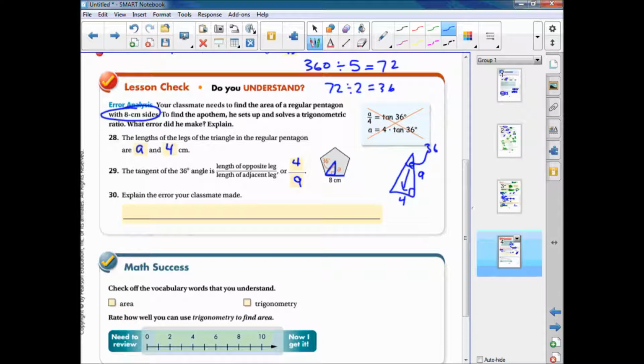Okay. Explain the error that your classmate made. So they said the tangent of 36 was A over 4. So what did they do wrong? Well, they put the opposite and the adjacent in the wrong spot in the tangent ratio.